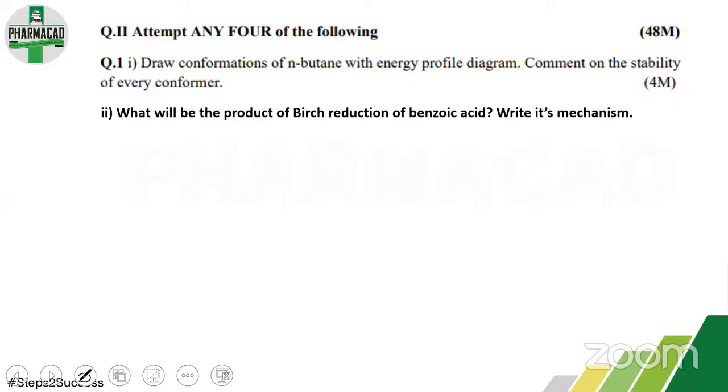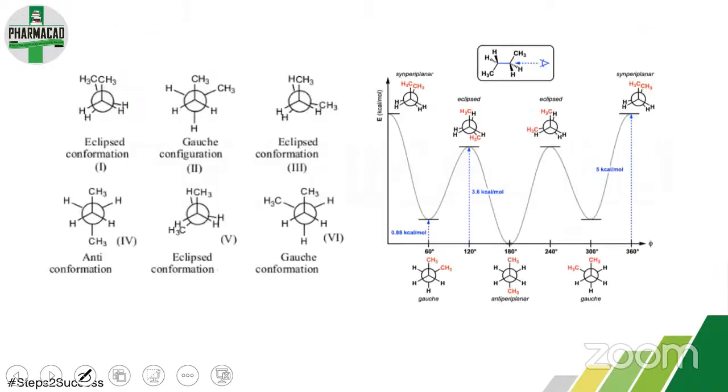The next question: draw the conformations of n-butane with the energy profile diagram and the stability. These are the conformations. Butane means a total of 4 carbon atoms. If we consider one as the front carbon and the other as the rear one, this carbon has 2 hydrogens and 1 methyl, and this carbon also has 2 hydrogens and 1 methyl.